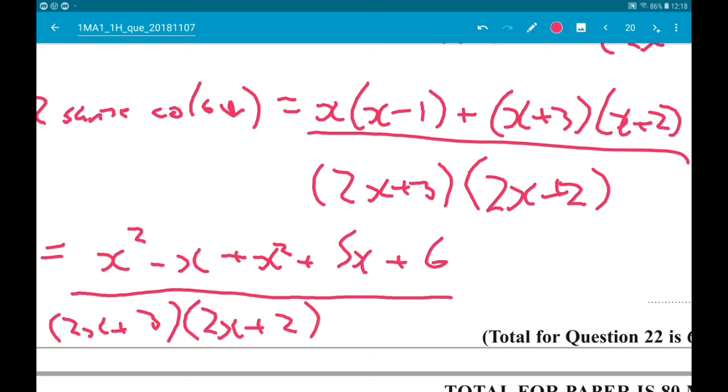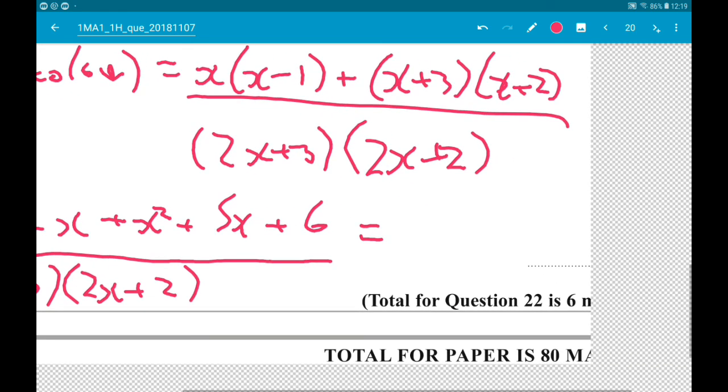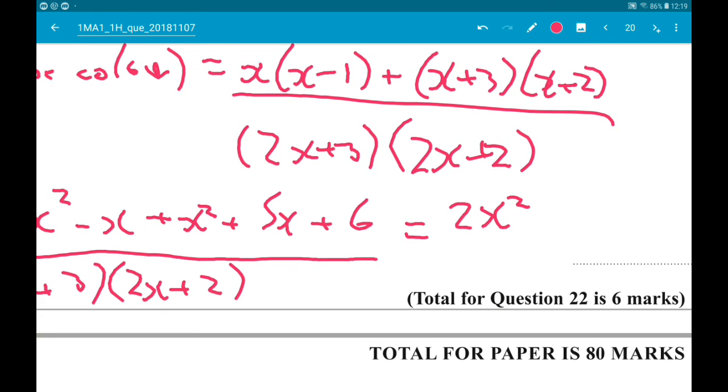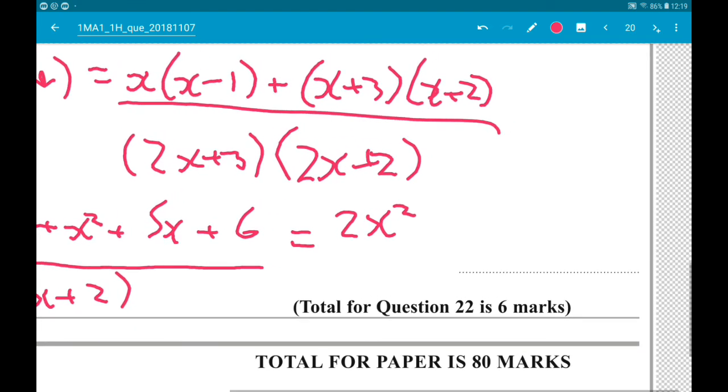Okay, so there is at least going to be one common factor that we can take out. So that's good news. So up on top, let's simplify. So we have 2x squared, we have a minus x plus 5x, so that's plus 4x.